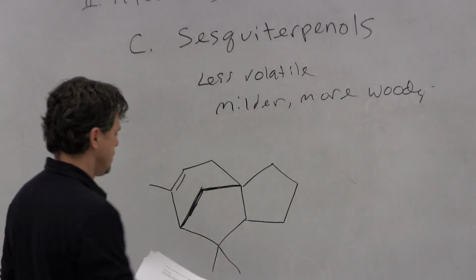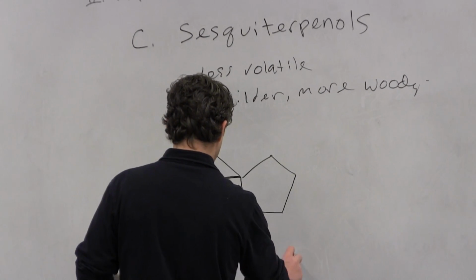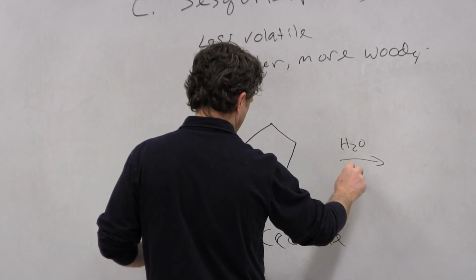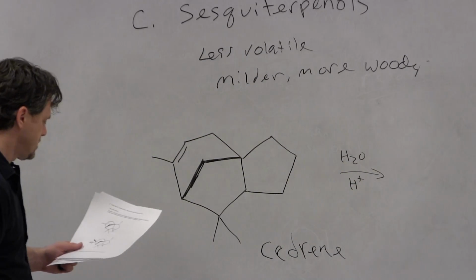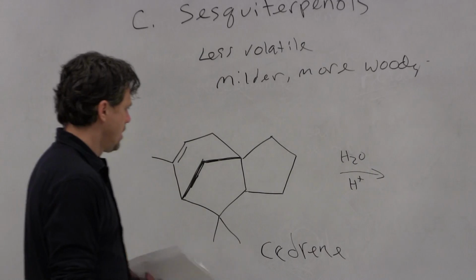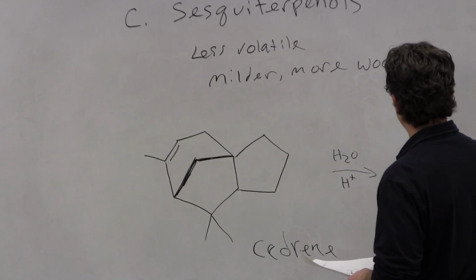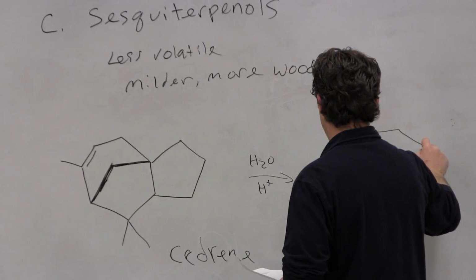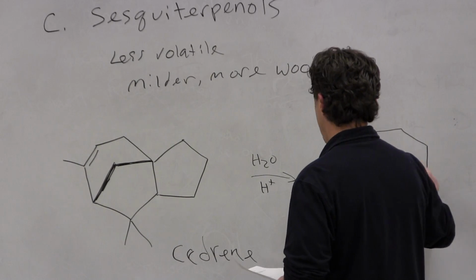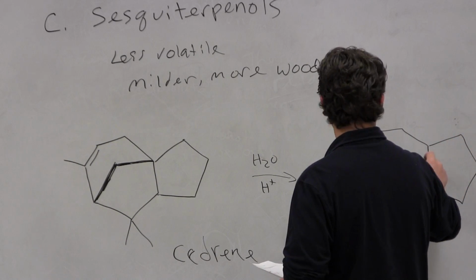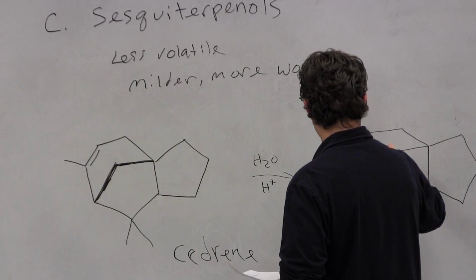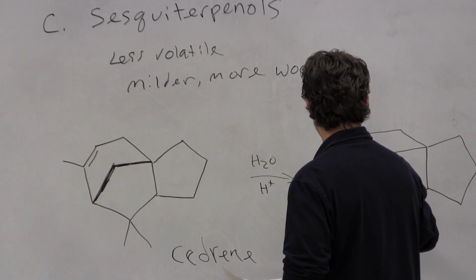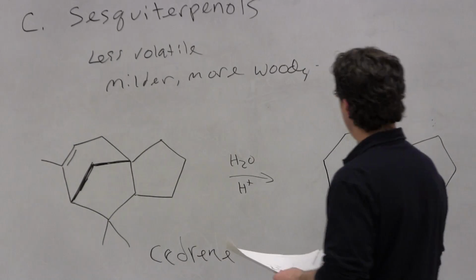This is cedrine. H2O with a little acid catalyst, let's say. And we're going to add across that double bond to get.